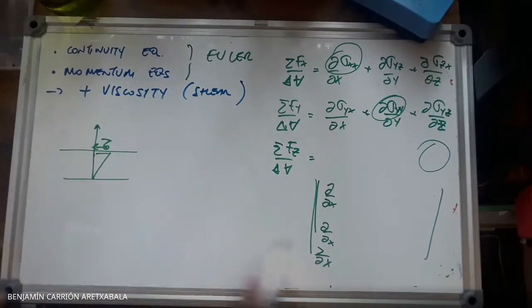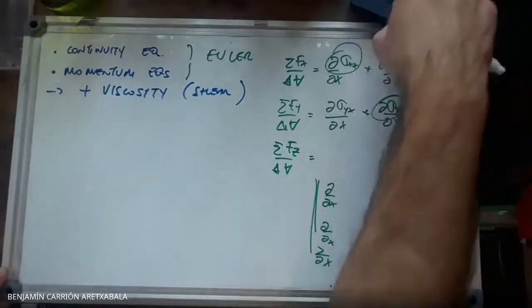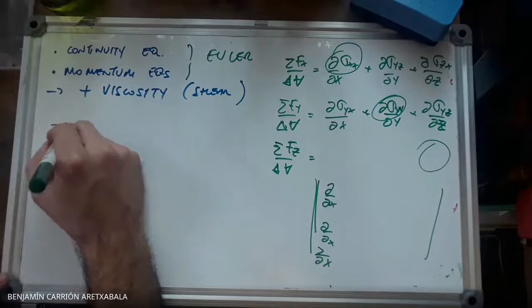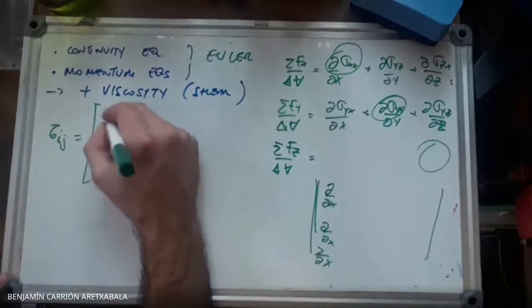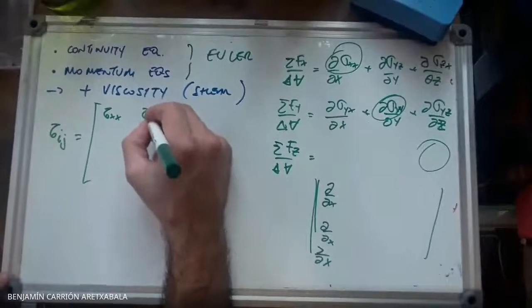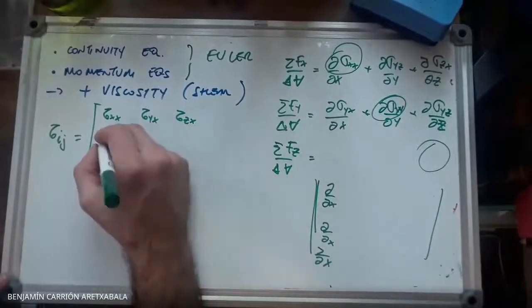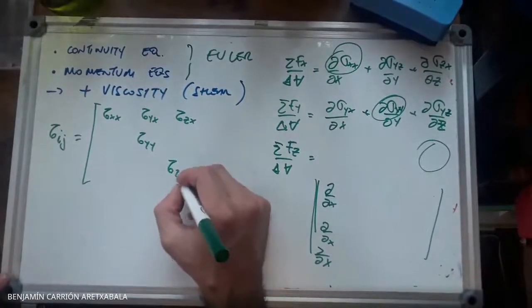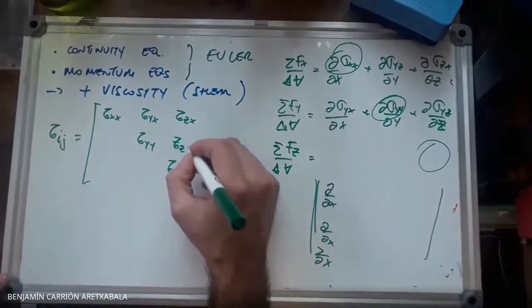And what we could do in a matrix form, we could call the tau ij a matrix of tau xx, tau yx, and tau zx. This is tau yy, and this is tau zz, and this is tau zy.